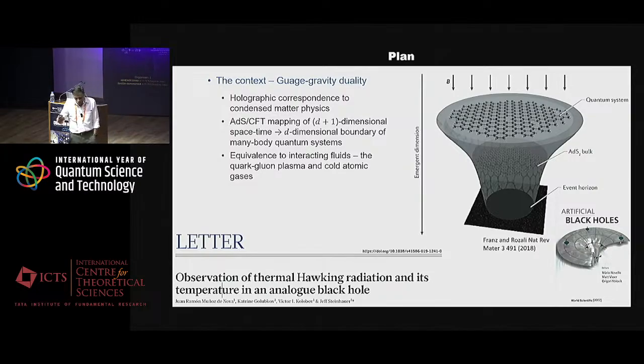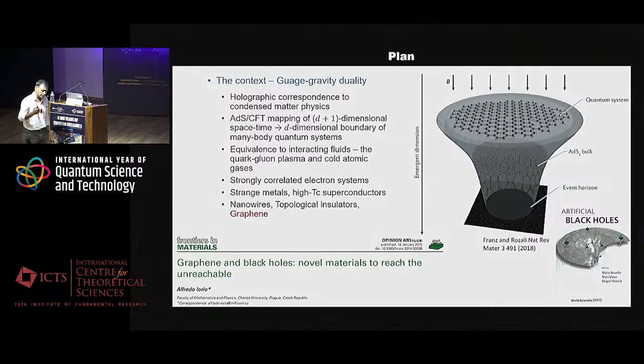The cold atom community, of course, has been the forerunner in this whole concept of creating analogs of black holes in many ways through this AdS/CFT conformal mapping. But condensed matter systems are catching up.